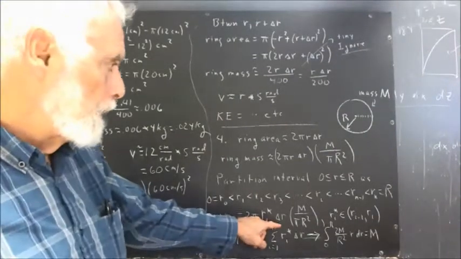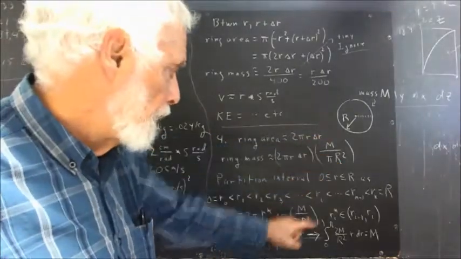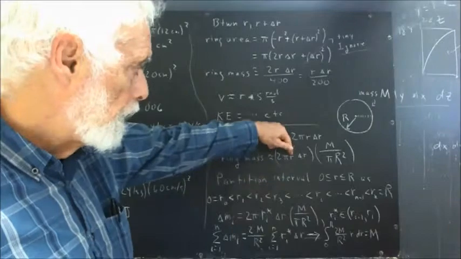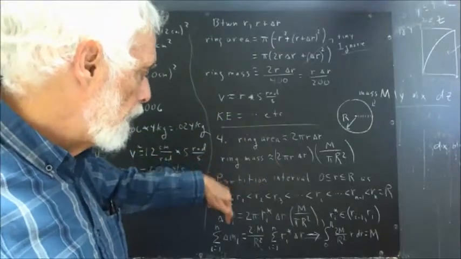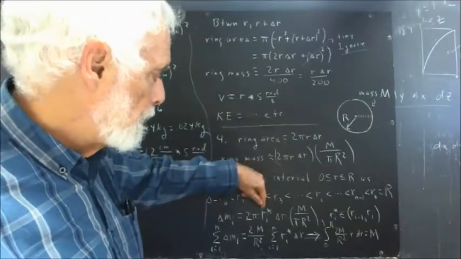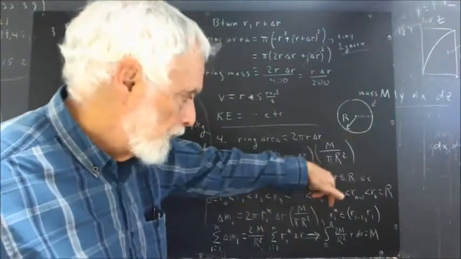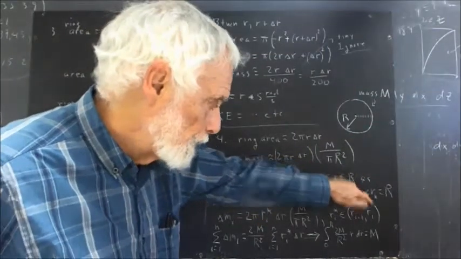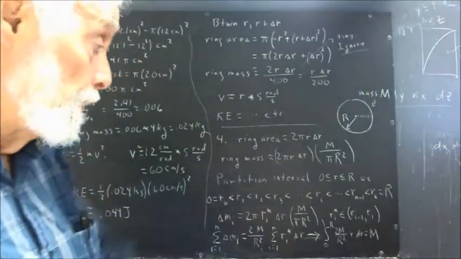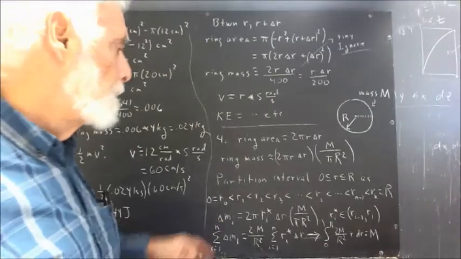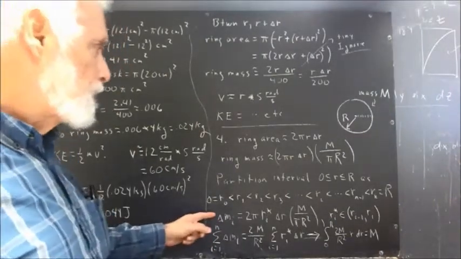Now we multiply that by our M over pi R squared. We just have this expression, and the only difference is now we're talking about the ith interval, so r is going to be R sub i star, again some sample radius between the inner and outer radius. That's the mass of our ith interval.